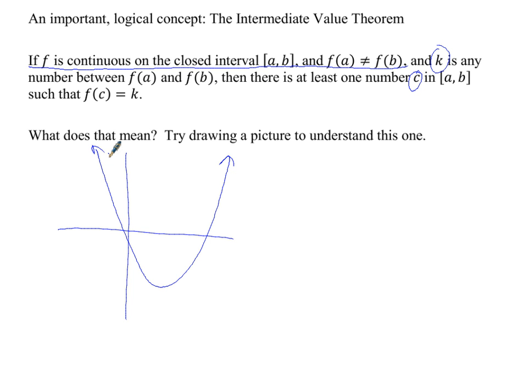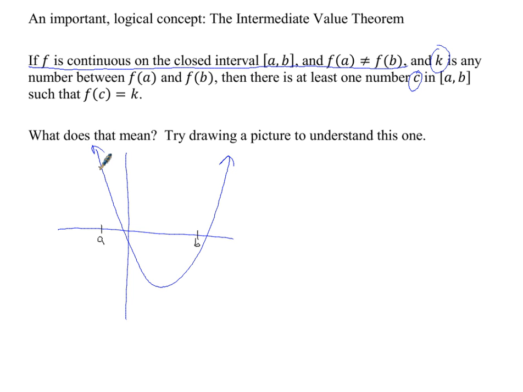Okay, now f is a continuous function. We have a continuous function on the closed interval a to b. So I'm going to make some sort of closed interval here. Let me change colors, and I'll put a right here, and I'll put b right here. It's continuous over that interval, right?